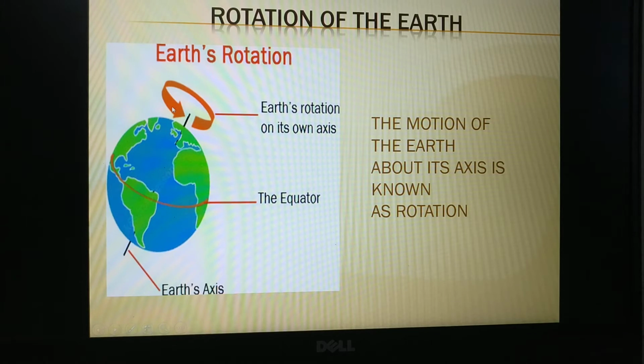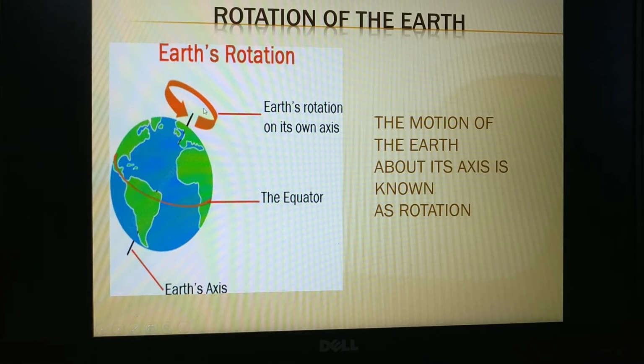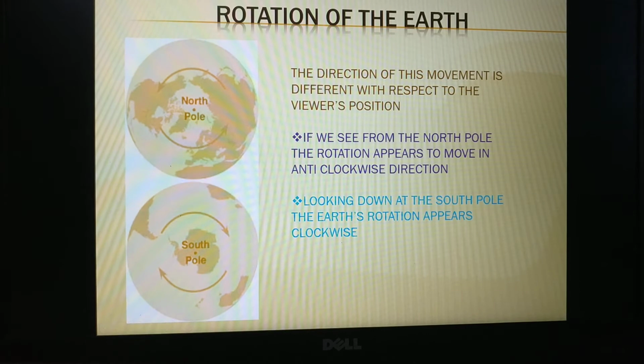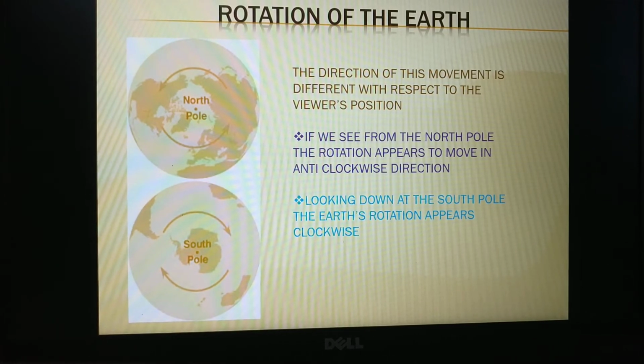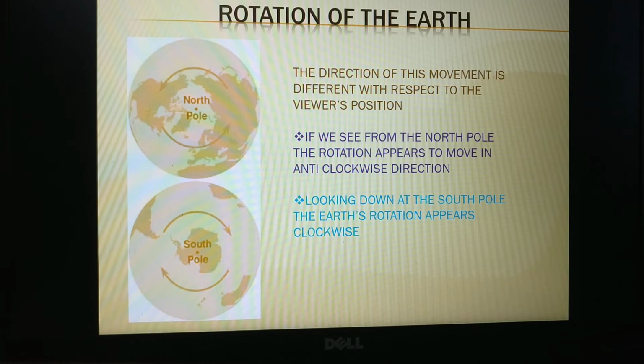And this is the reason why we experience day and night, because of rotation. The direction of this movement is different with respect to the viewer's position. If we see from the North Pole, the rotation appears to move in anti-clockwise direction. Looking down at the South Pole, the Earth's rotation appears clockwise.